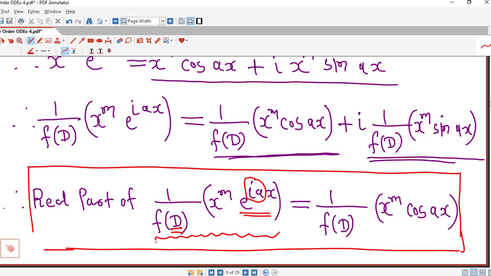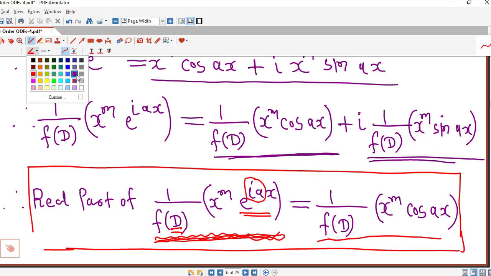So we will use the previous case, multiplication by exponential function, and whatever we obtain will be some complex function, and its real part will be the particular integral 1 over f of D x raised to m cos ax. So we can remember this directly. Whenever we have x raised to m into cos ax, the particular integral is the real part of 1 over f of D x raised to m into e raised to i ax, where a is the coefficient of x.